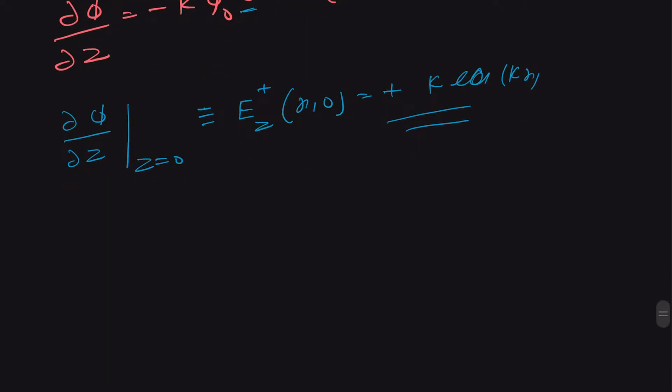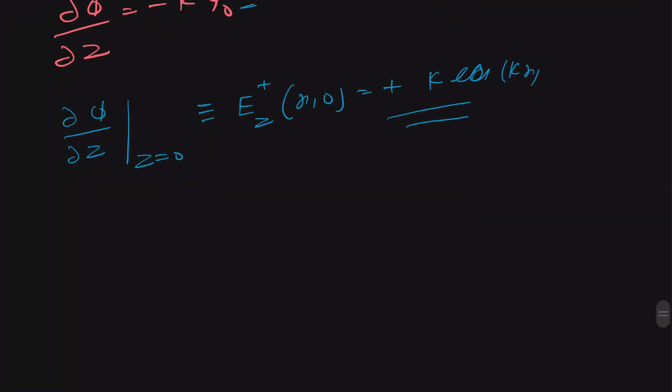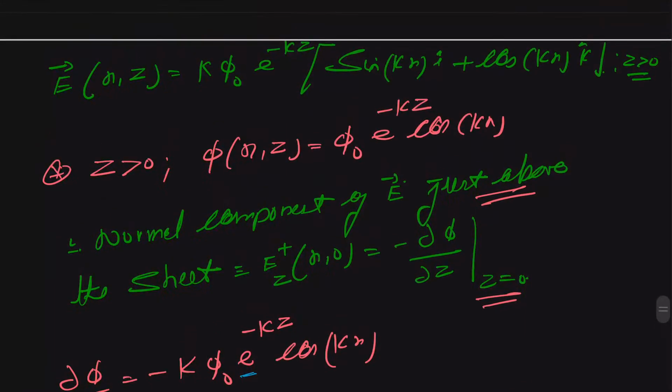And for below the sheet, because we sorted it out for above the sheet, now we are going to do it for below the sheet. But in the question, the equation of potential is only given for z greater than 0. It means potential is just above the sheet.